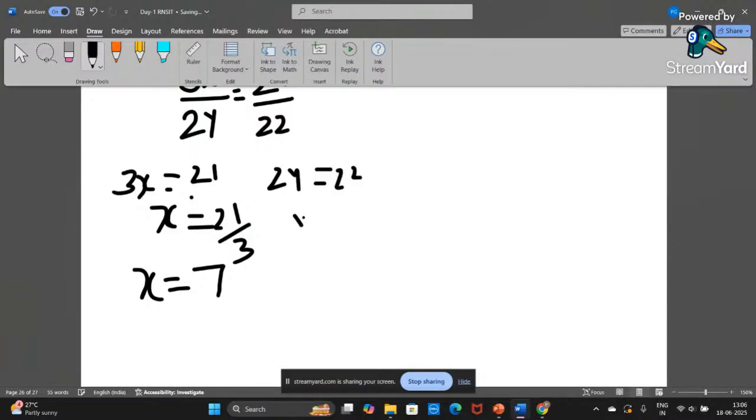So y is equal to 22 by 2, it is 11. Y equals 11, right?